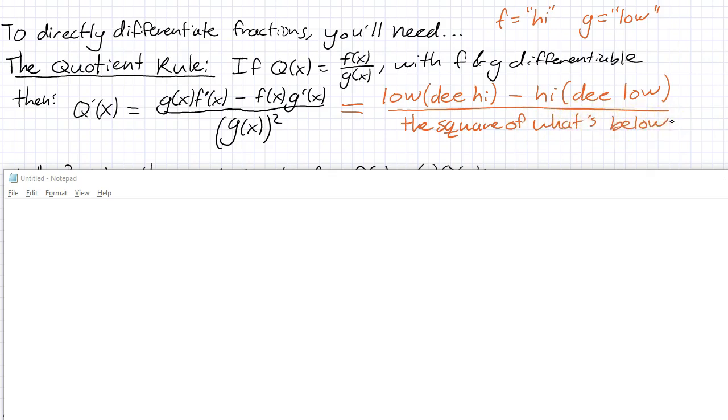So let's say that out loud. Low d high minus high d low over the square of what's below. And that's the only way I've been able to remember this over the years.